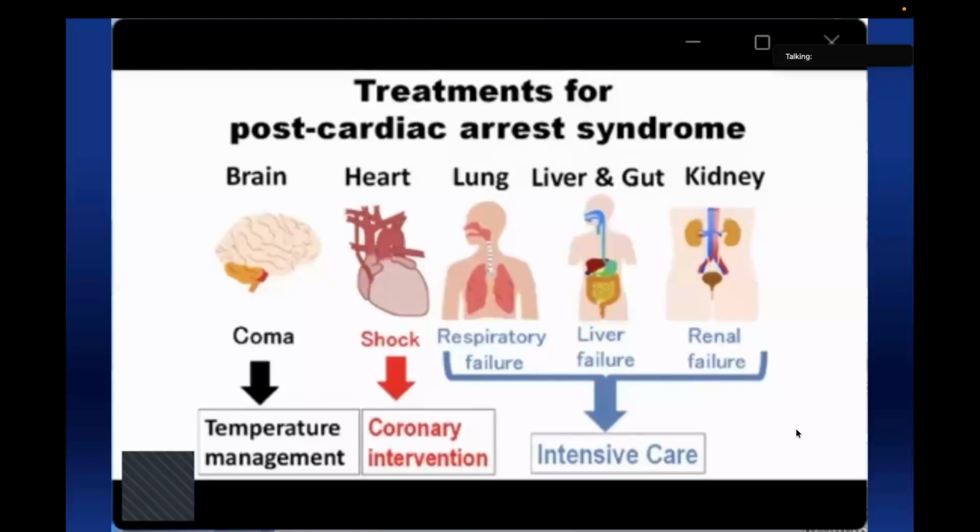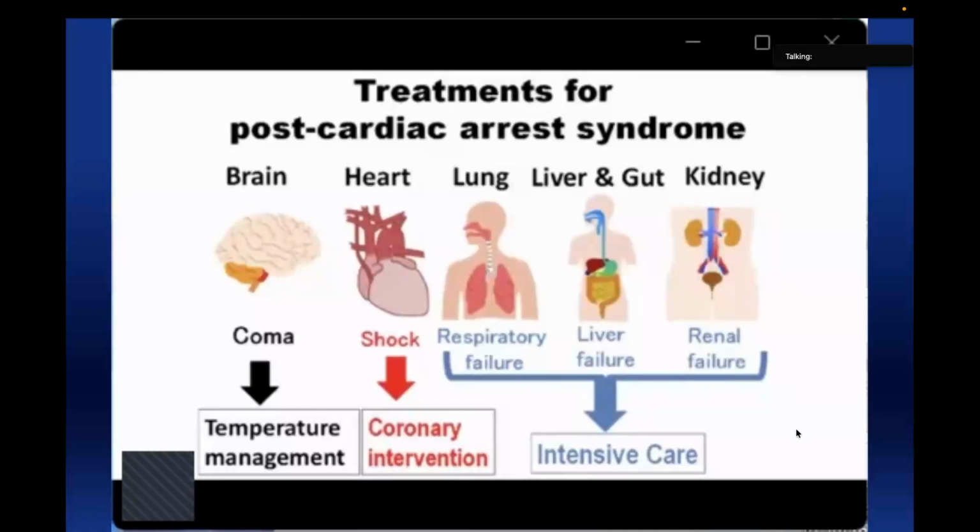Treatments for your post-cardiac arrest syndrome: because if your patient had cardiac arrest, we know that there is no circulation that goes to your brain, your heart, your lung, your liver and gut, and your kidneys. That's why for all of these organs, we might want to address the post-arrest management, with specific treatment pertaining to each specific organ system. Now we might want actually to address them.